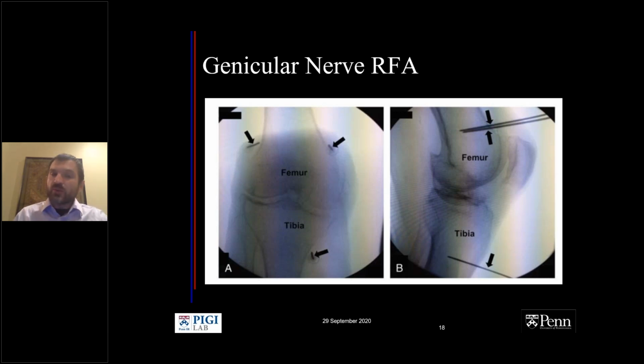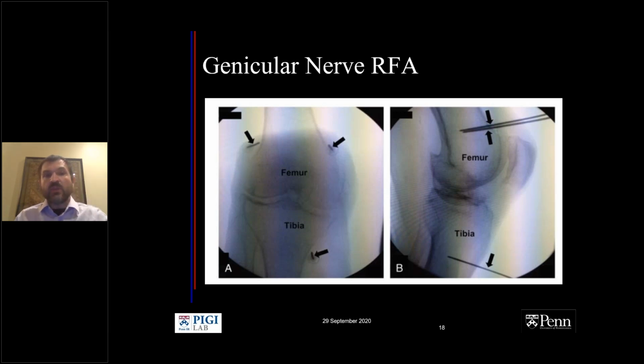Now, if that works for the person, if they tell you that they're getting significant pain relief, then what you can do is, instead of placing a Chiba needle and injecting the nerve blocking agent, you can actually place radiofrequency needles. And this is also generally done under fluoroscopy. As you can see, they place them to a specific depth on the lateral, and they know where the neuron is there.